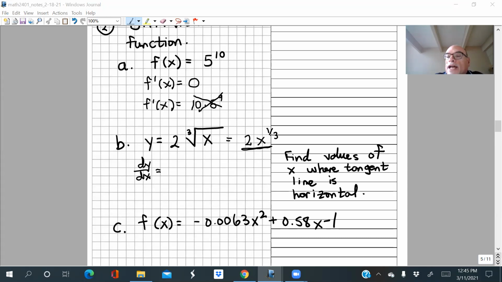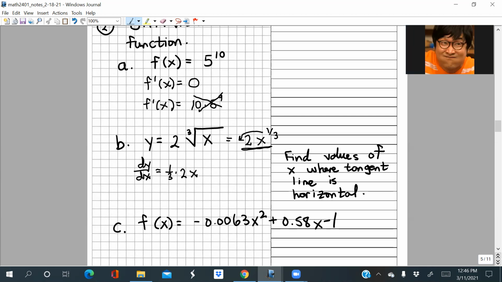What do you do with the exponent? You bring it down, right? Okay, so bring it down. So that would give us a coefficient. So we would have 1/3 times 2 times x, and then how do we change the power? Yeah, that's where I'm lost. Subtract 1. So you would have 1/3 then minus 1.